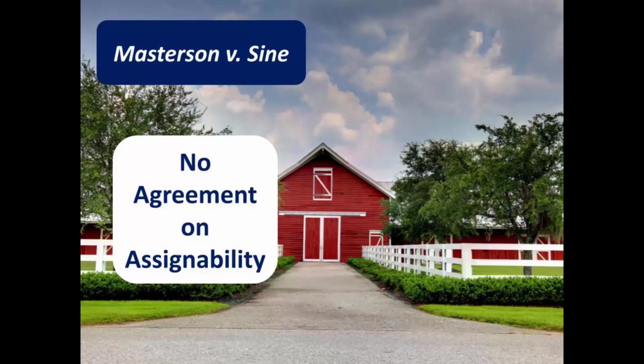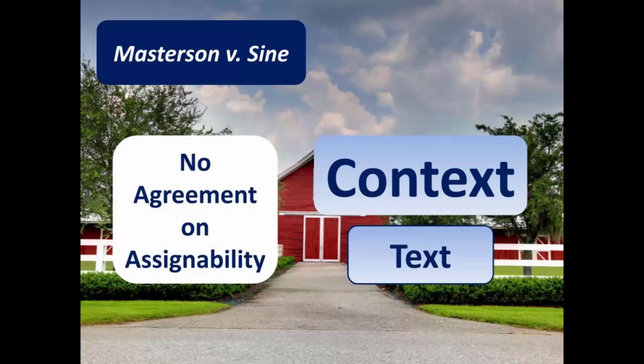But it's also important to notice that the decision uses contextual evidence to enforce an agreement that almost certainly wasn't made. In this sense, we see that context triumphs over text. This is a strong trend in the development of both the common law and the UCC. Both take a more permissive approach than the traditional four corners test.